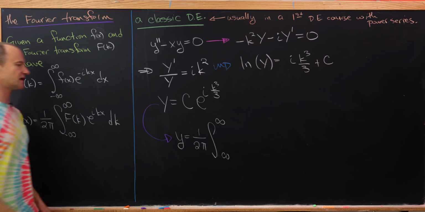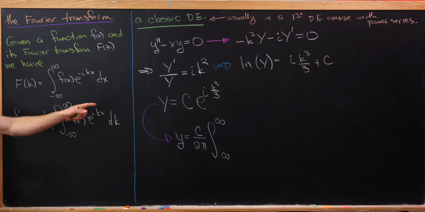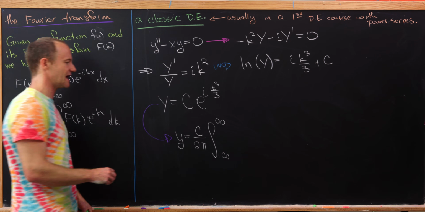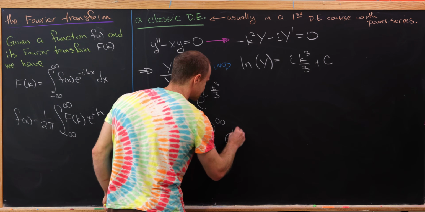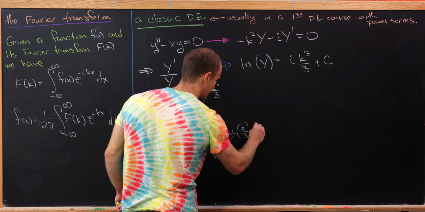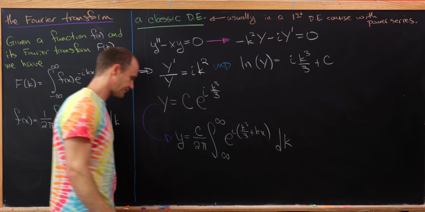Uppercase Y has this constant in here, which I'll bring out. And then we'll have e to the i k cubed over 3 times e to the i kx. So that's going to be e to the i (k cubed over 3 plus k times x) dk.